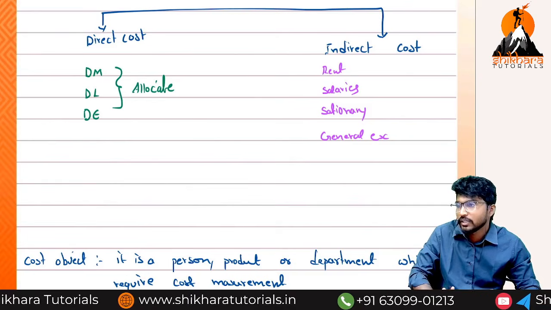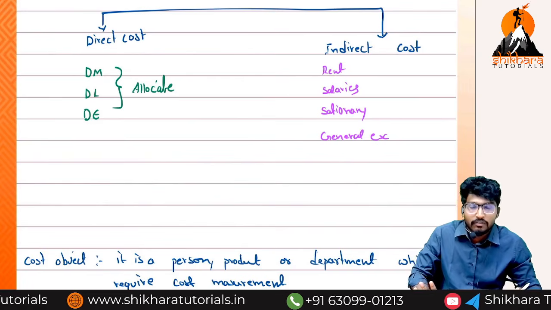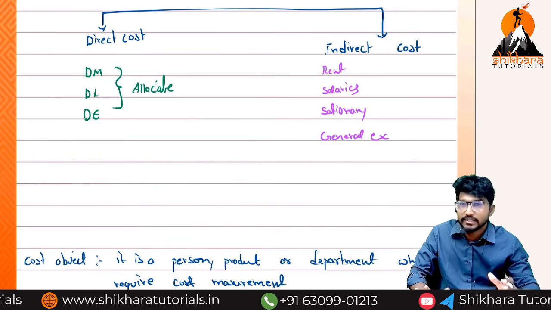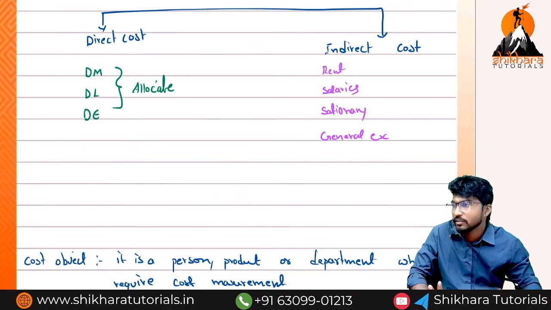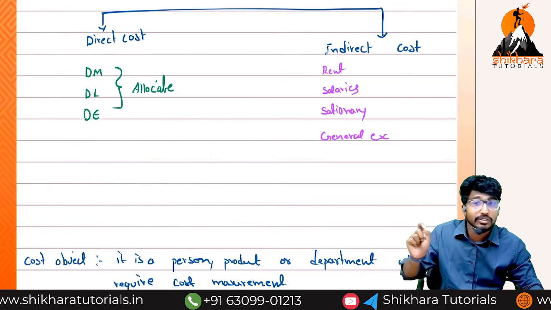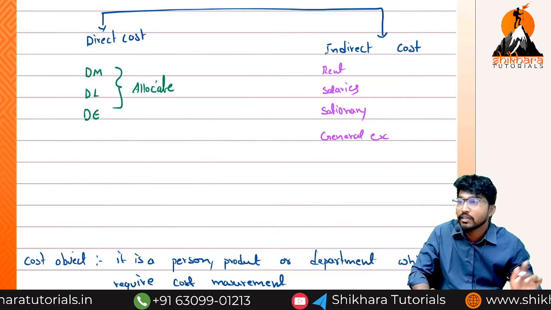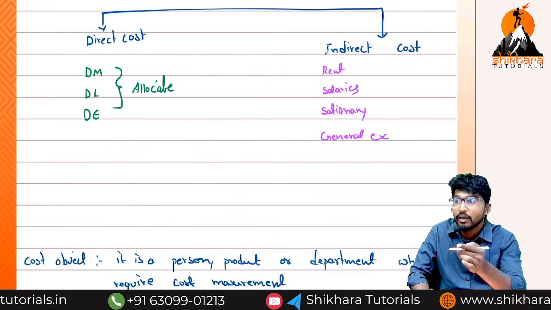Try to grasp it. Try to understand the logic behind it. For direct expenses, whatever direct expenses, we will allocate to whom? Cost objects. We will use the word allocation. For indirect expenses, we are not directly allocating to the cost objects.